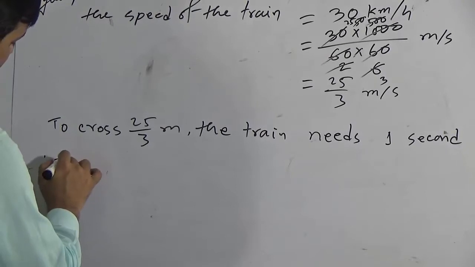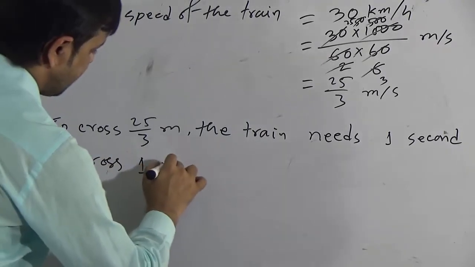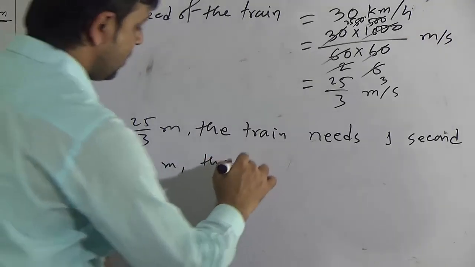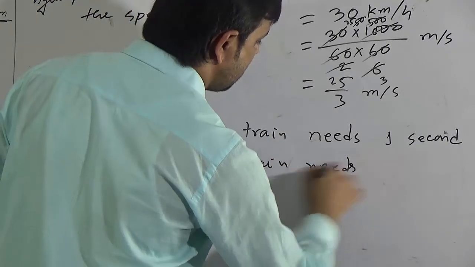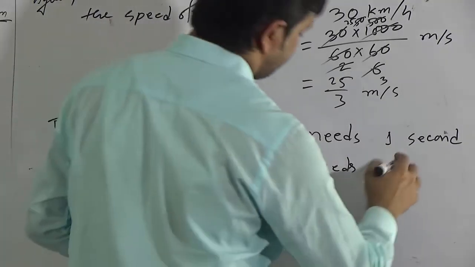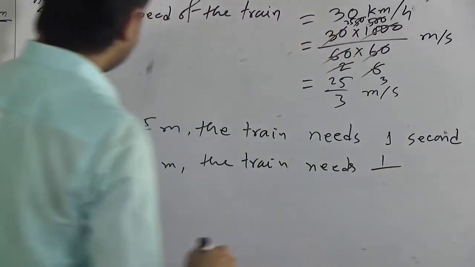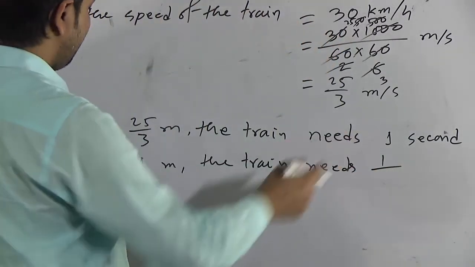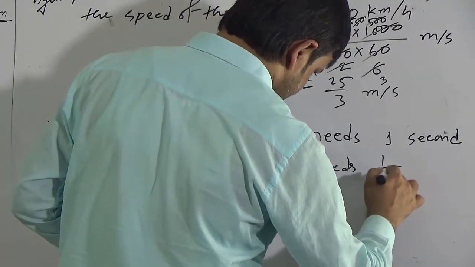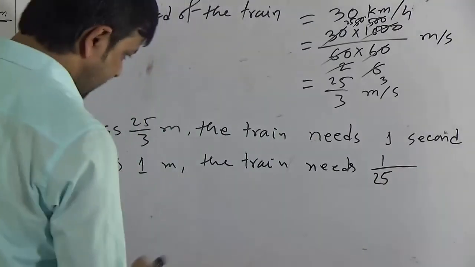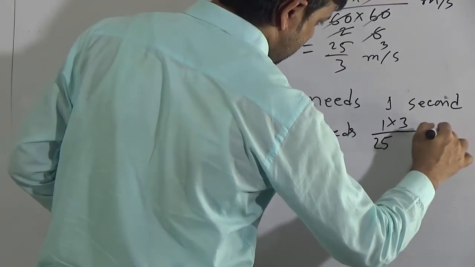Therefore, to cross 1 meter, the train needs 1 divided by 25 by 3. As we are dividing, this 25 will go to the denominator and 3 will go to the numerator, seconds.